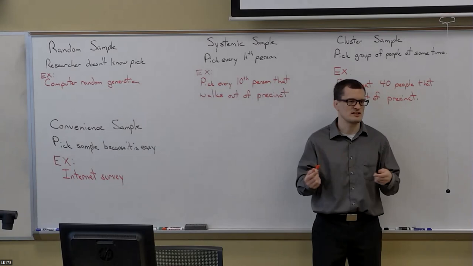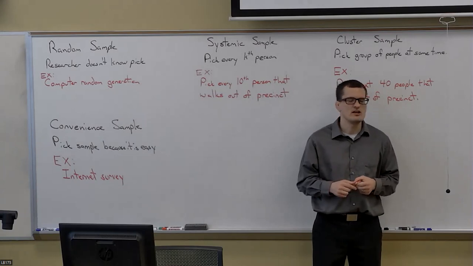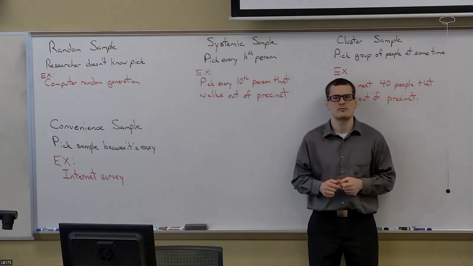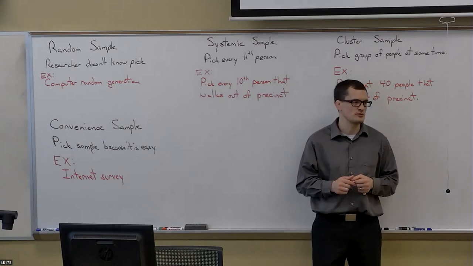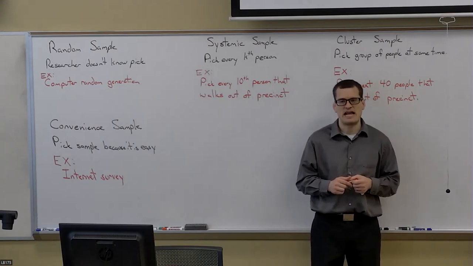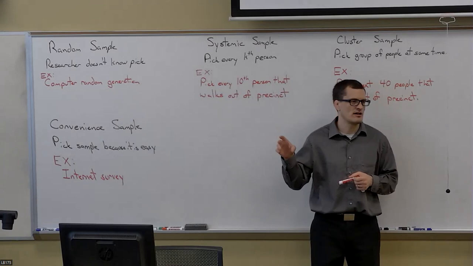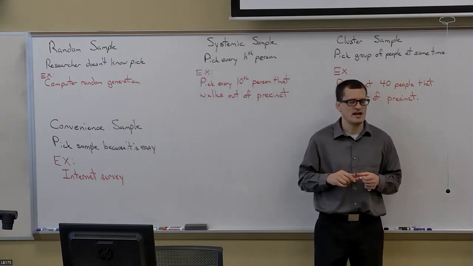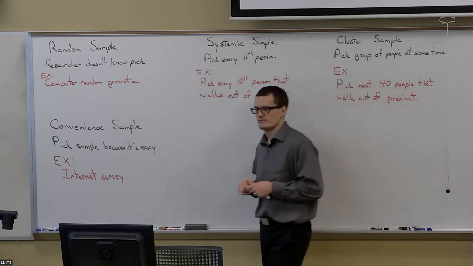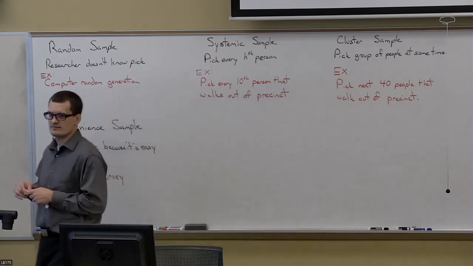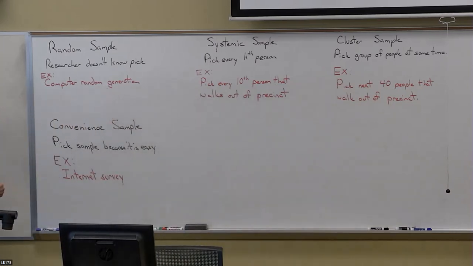So you self-select to take the survey. If you go on some website, let's say YouTube, and there's an ad in the upper right corner that you can click on, and it asks you some question about, do you approve of this policy or that policy? That's an internet survey, that's a convenience sample.